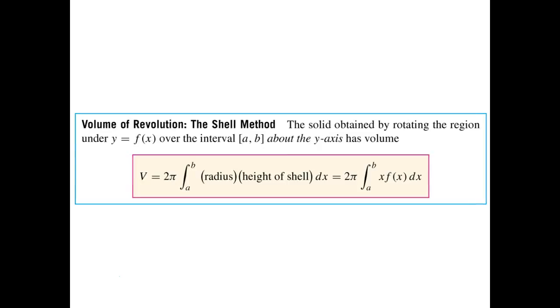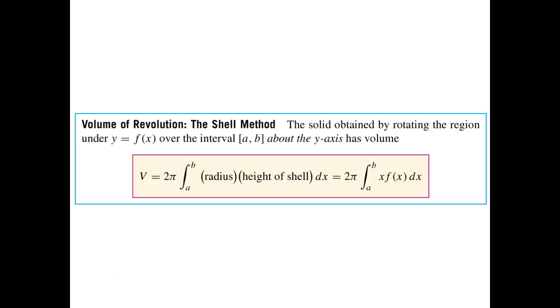Volume of a revolution by the shell method: the solid obtained by rotating the region under y equal to f of x, integral from x equal a to x equal b, those are your own x's, about the y-axis. If you do the disk, you have to do dy, so you have to get this in terms of y, which you may not know right off the top.